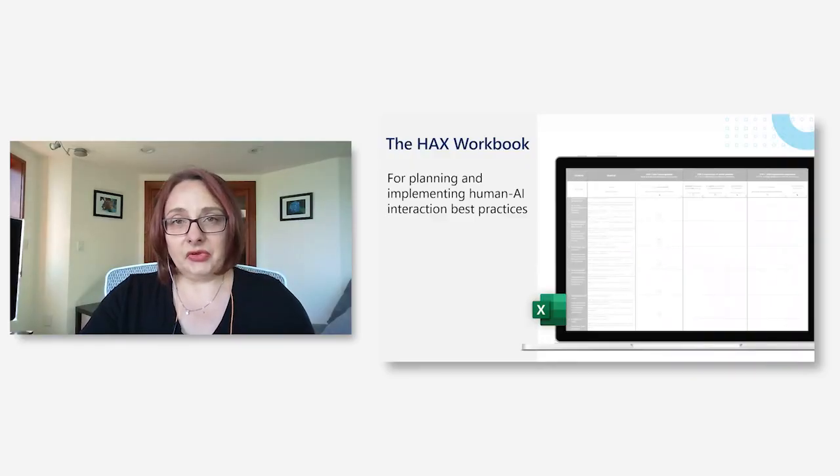This HAX workbook, just like everything we do, is grounded in observed needs and in interviews, and it was actually co-developed iteratively with more than 40 practitioners or teams across the company. It supports two goals for planning and implementing human-AI interaction best practices.